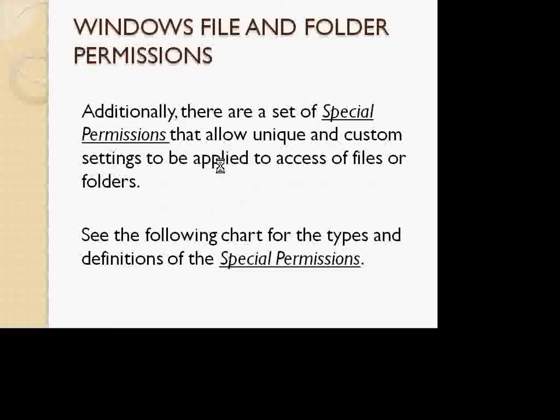Next, additionally, there are a set of special permissions that allow unique and custom settings to be applied to access of files or folders. See the following chart for the types and definitions of special permissions.